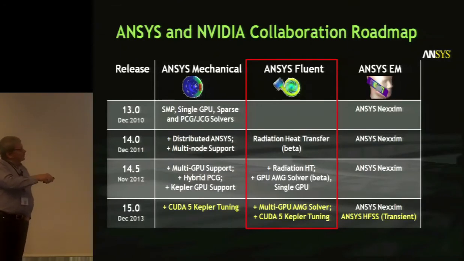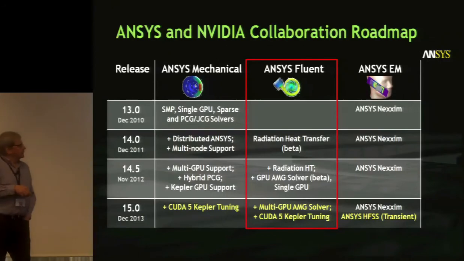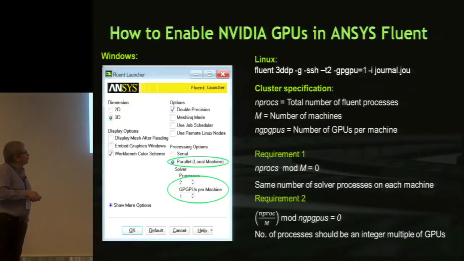It was integrated as a beta version at this time, and supported single GPUs. Meanwhile, with the newest version, the multi-GPU AmgX solver is fully supported, and there were a lot of Kepler tunings integrated into this 15.0 version.